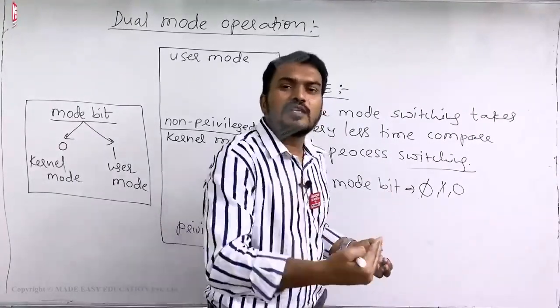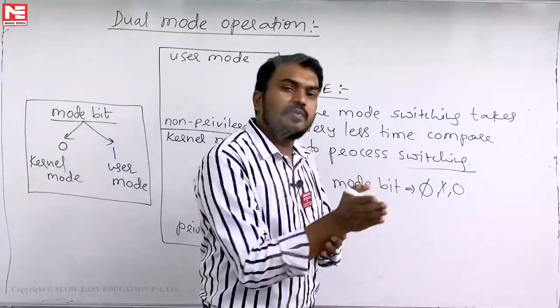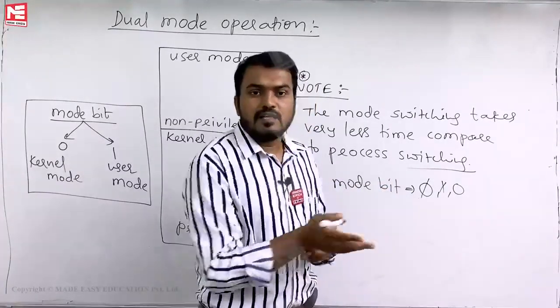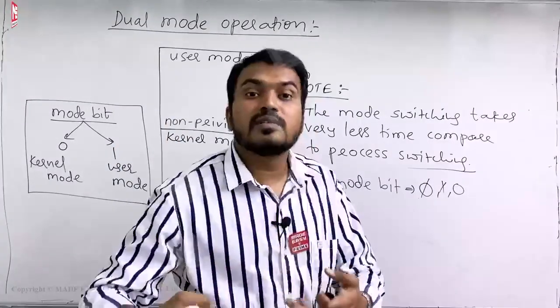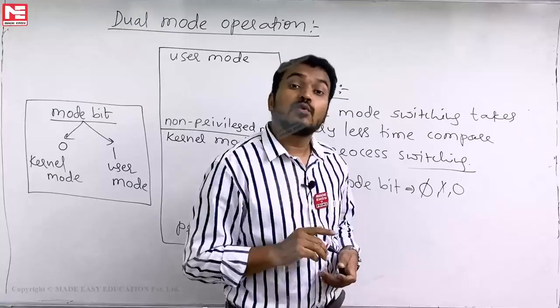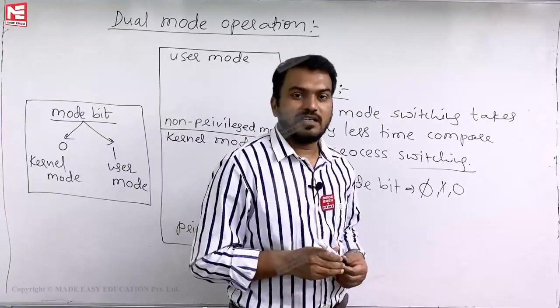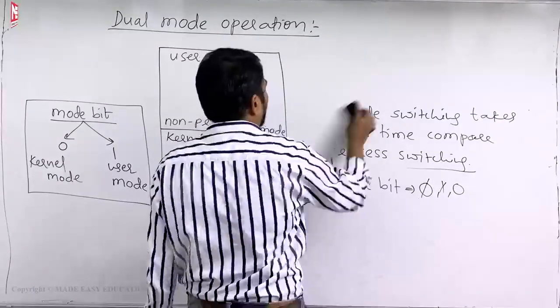If you change it, you are switching from kernel to user, and changing 1 to 0 means you are switching from user to kernel. But in process switching you need to update multiple attributes in the PCB, so that takes more time. Is that clear? You need to remember this note well.